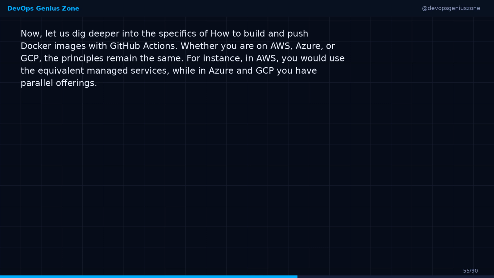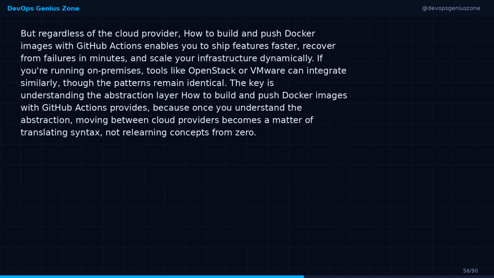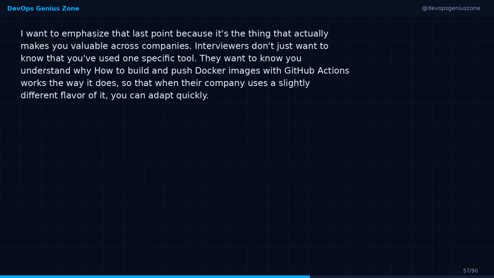If you're running on premises, tools like OpenStack or VMware can integrate similarly, though the patterns remain identical. The key is understanding the abstraction layer how to build and push Docker images with GitHub Actions provides, because once you understand the abstraction, moving between cloud providers becomes a matter of translating syntax, not relearning concepts from zero.